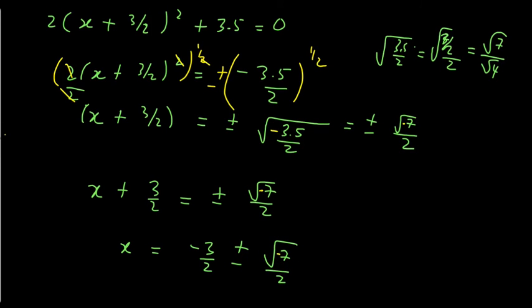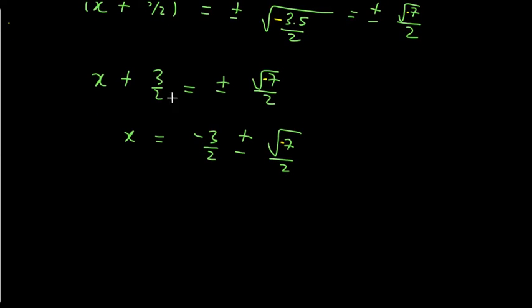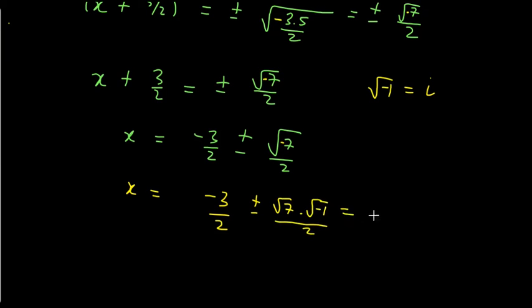We know from complex numbers that the square root of minus 1 is i. So we have plus or minus root 7 times root -1 all over 2, which is the same as minus 3 all over 2 plus or minus i square root of 7.